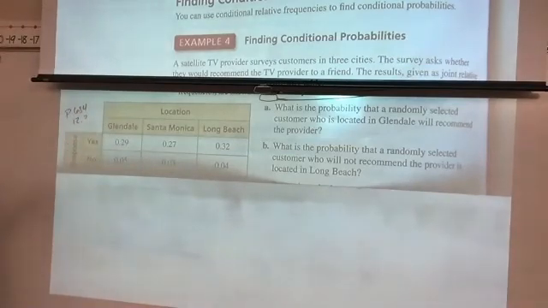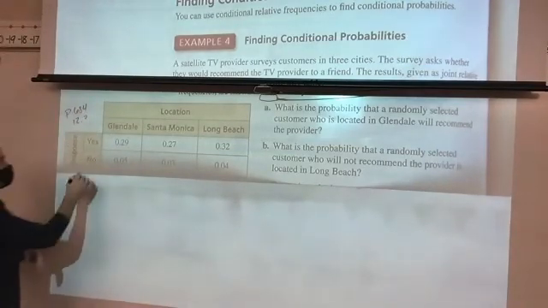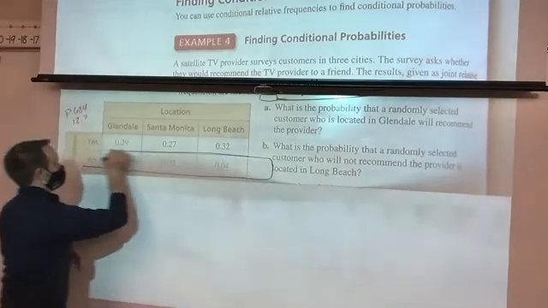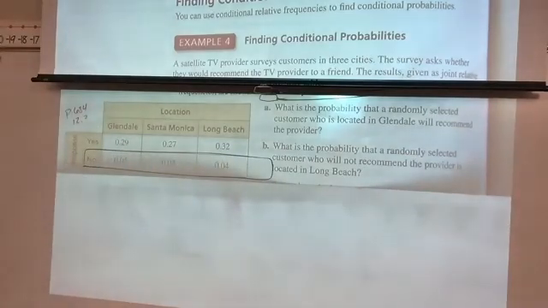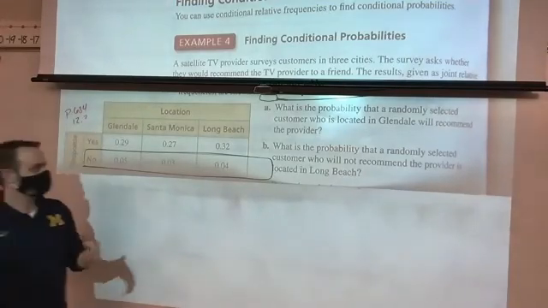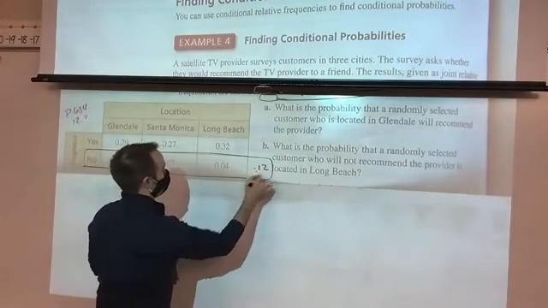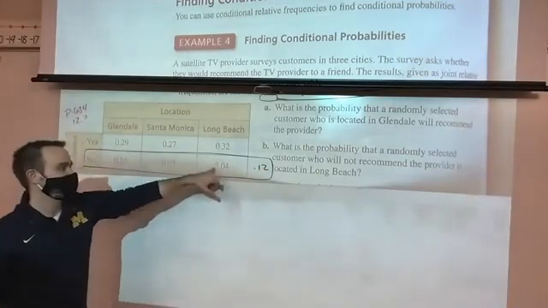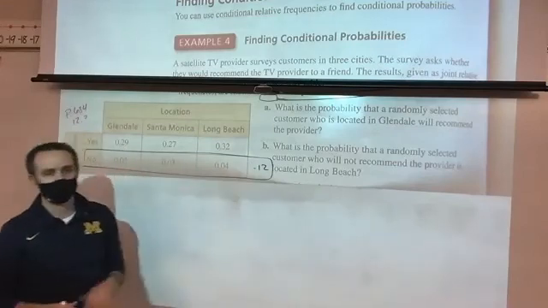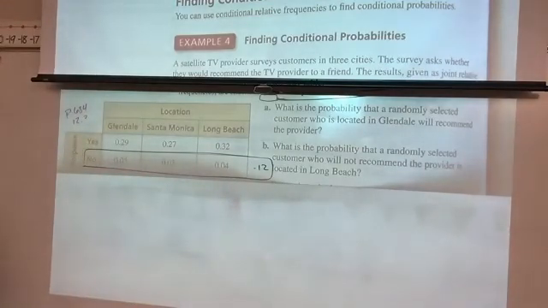It's telling us they will not recommend the provider, so now we're looking at the no row. We want to know what percent of those people that said no are in Long Beach. So we've got to add those up. We're looking at 0.12, and we want to know Long Beach, so 0.04 divided by 0.12. We're looking at 33%.